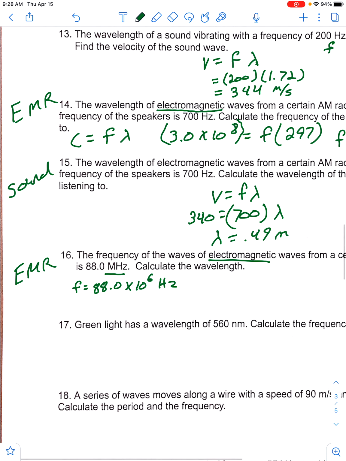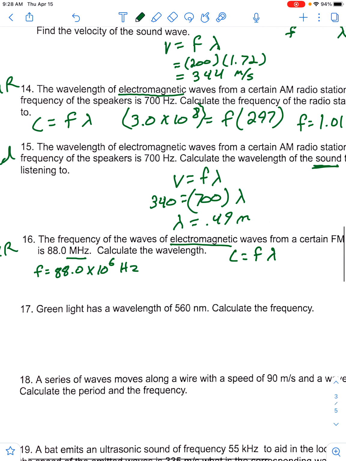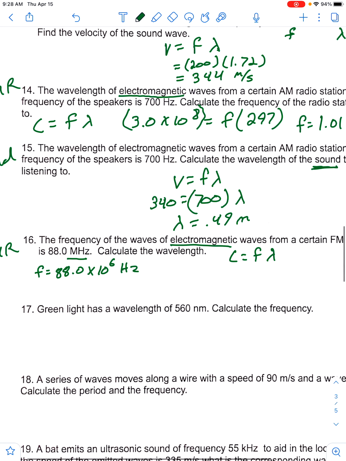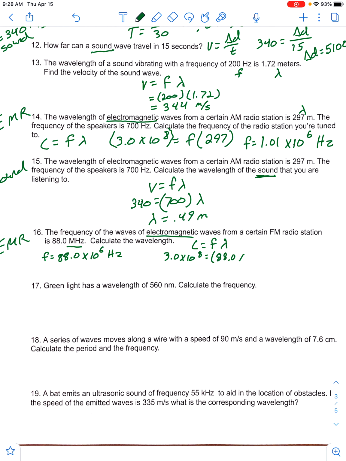So I'm trying to calculate wavelength, and this is an EMR wave, so I'm going to use C equals frequency times wavelength. C being my speed of light, 3.0 times 10 to the 8th, equals frequency, which is now 88.0 times 10 to the 6th. I don't know wavelength, so I'm going to leave it as wavelength.